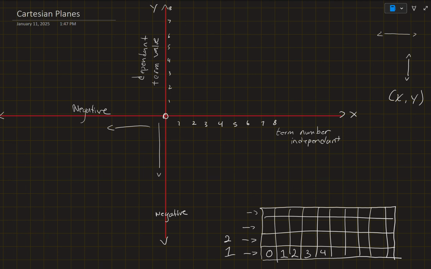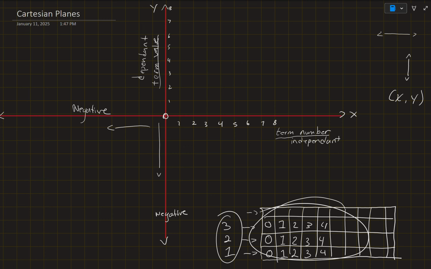For floor number 2, we have room number 0, 1, 2, 3, 4, so on and so forth. Same thing for literally every other floor. The room numbers are your term numbers. The floor numbers are your term values. Okay? Keep that in mind.